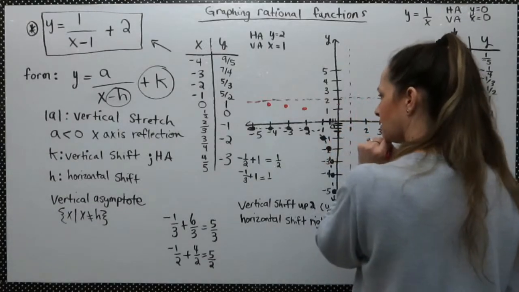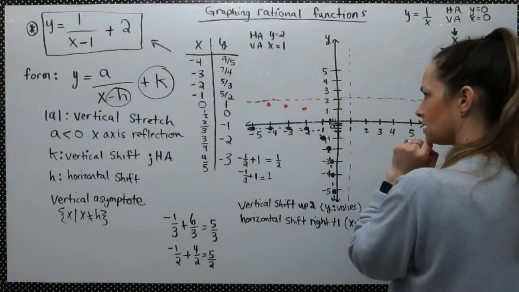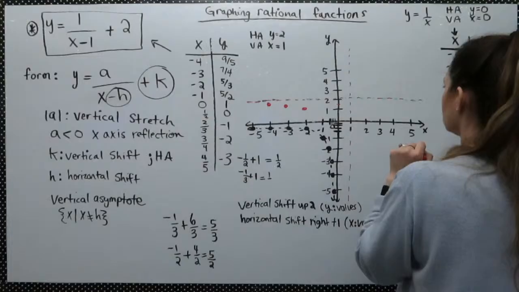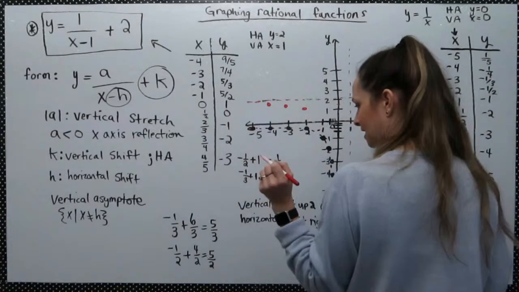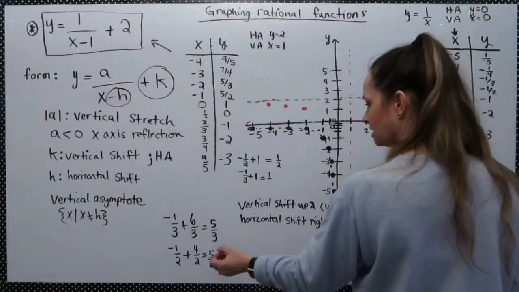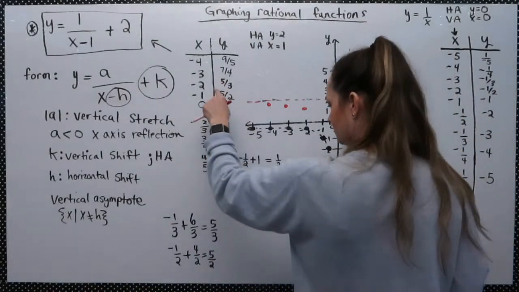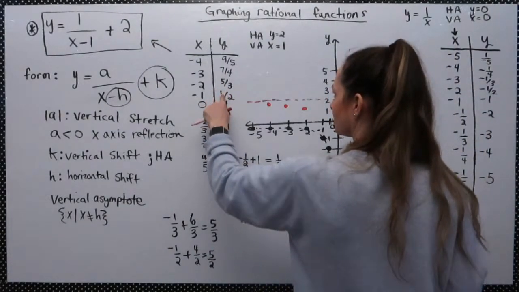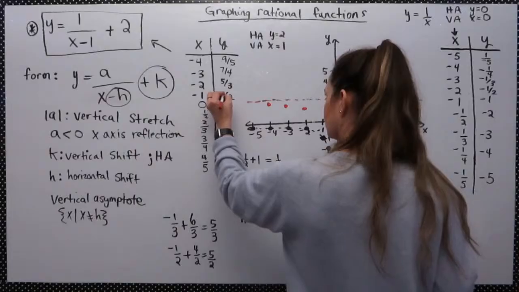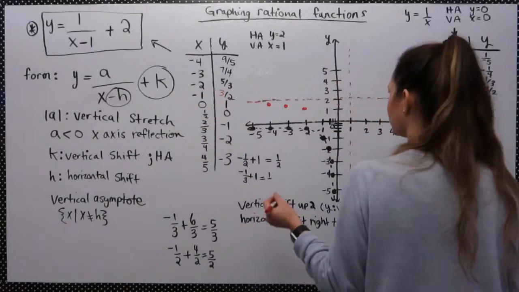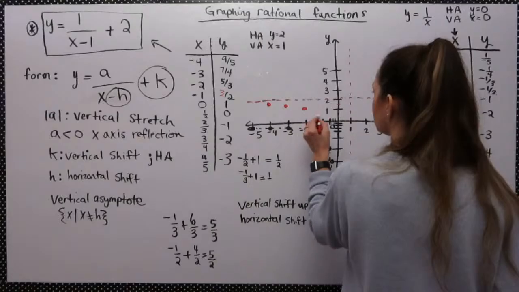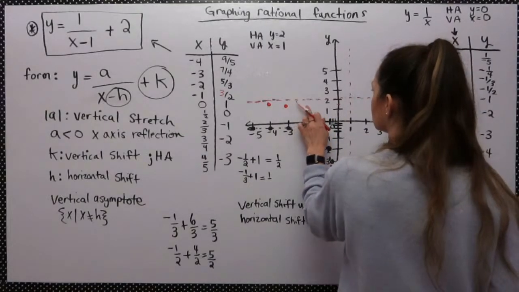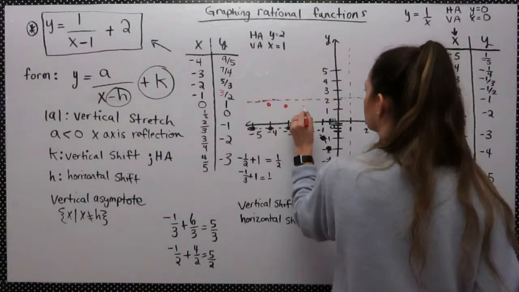Was that 5/2 or did I make a mistake here? There's no way that's 5/2. Well, it's 3/2. That's 3/2. I'll put it in red because I made a mistake. So that's 1.5 would be right about, let's see, a little bit.